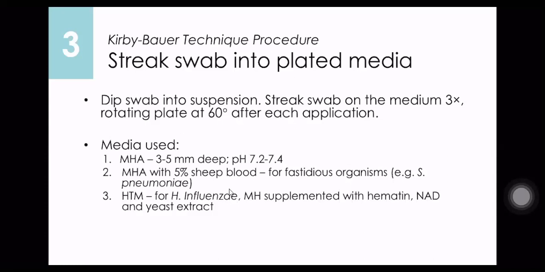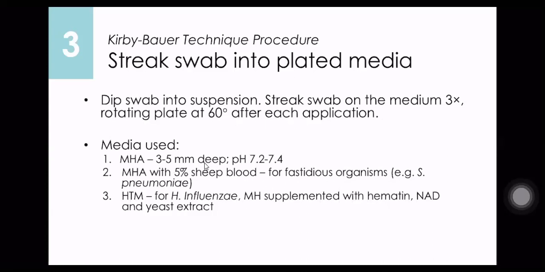Then next is this HTM, which is used for H. influenzae. This MH is supplemented with hematin, NAD, and yeast extract. Okay, if you still remember, NAD and yeast extract are the source of V factor for H. influenzae, and hematin is used as the supplement for the X factor.